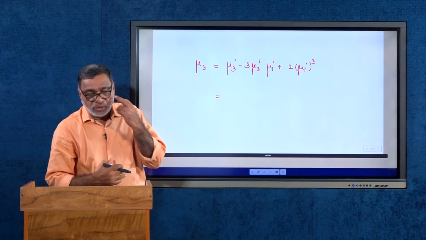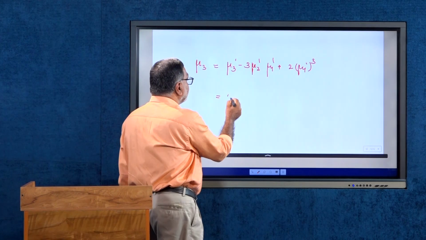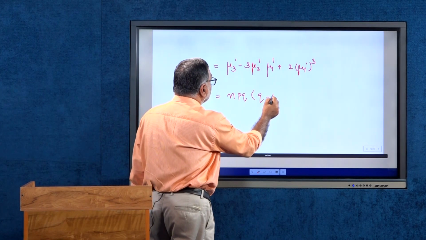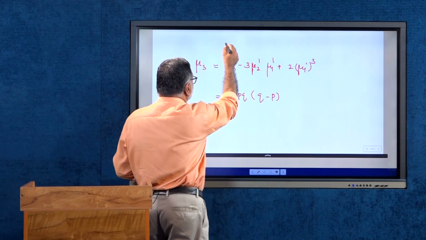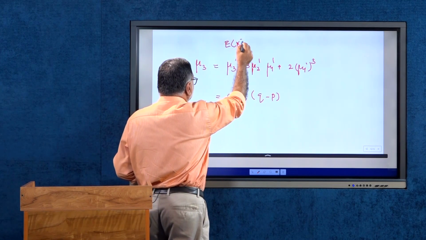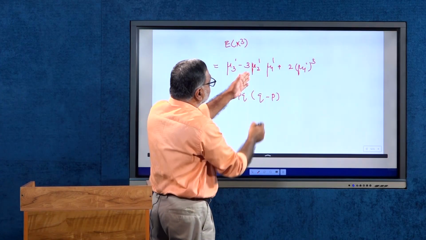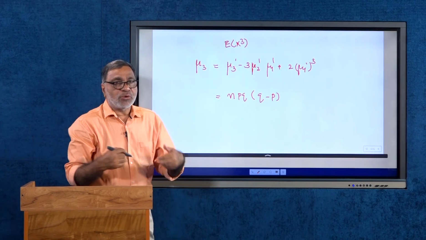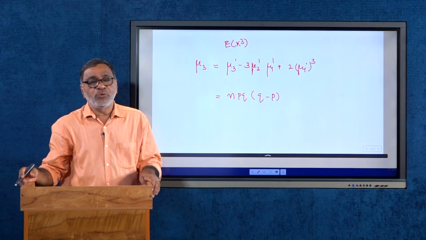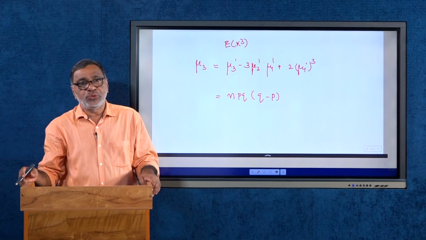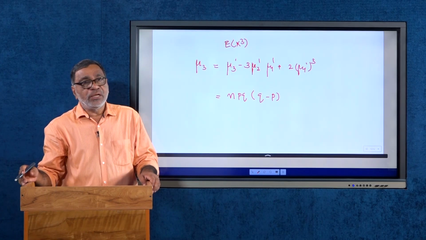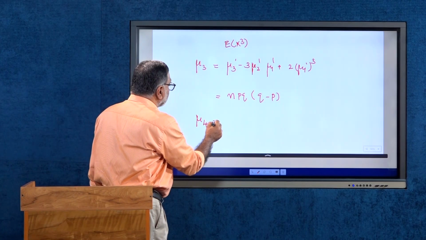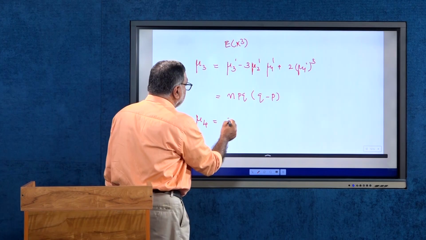Substituting, on simplification we have npq into q minus p. All these values we calculated: this is our expectation of x cubed, and this is expectation of x square and the expectation of x. These values are substituted, and on simplification we will get mu 3 is equal to npq into q minus p.